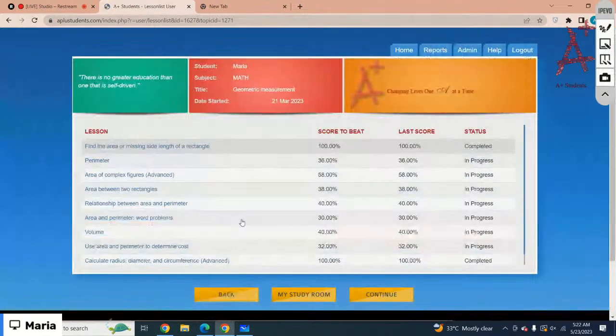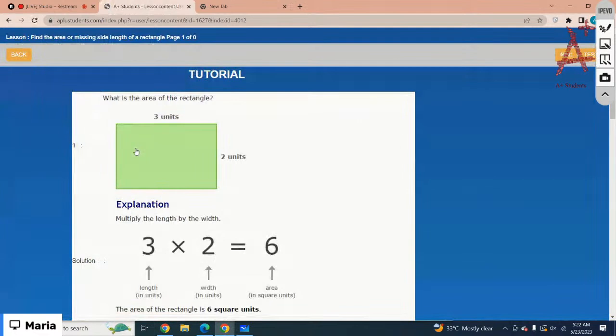Okay, let's just start with the first lesson. Find the area or missing side length of the rectangle. Okay, what is the area of the rectangle? You are given the length and the width of the rectangle.